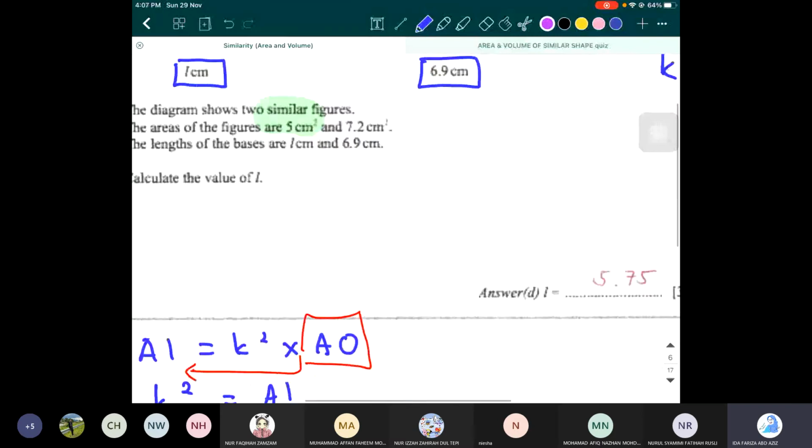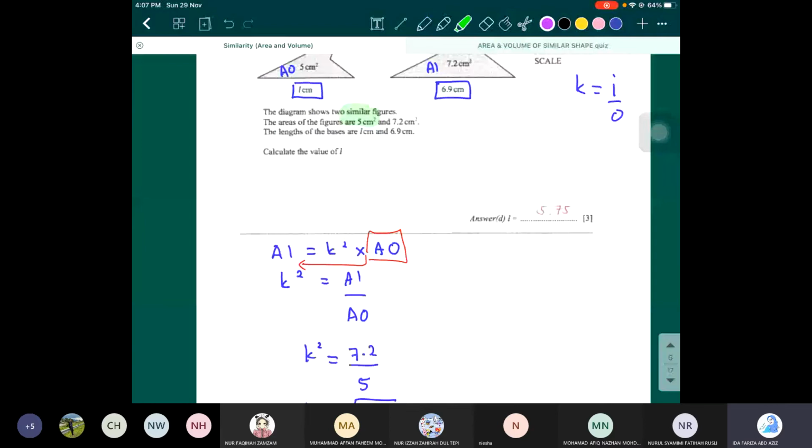Sekarang ni, formula area kita ada guna AI equals K square times AO. Next, kita nak guna formula apa agak-agaknya untuk dapatkan L? L centimeter tu. Is this length? Is this volume? Or is this area? L ni apa?